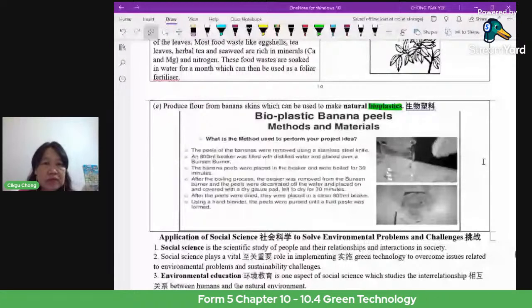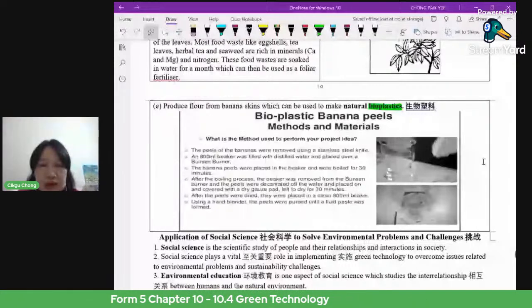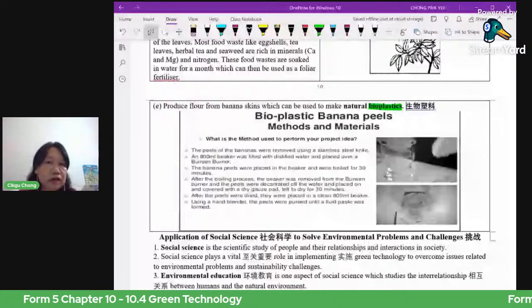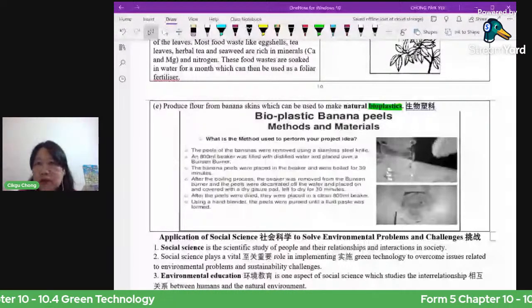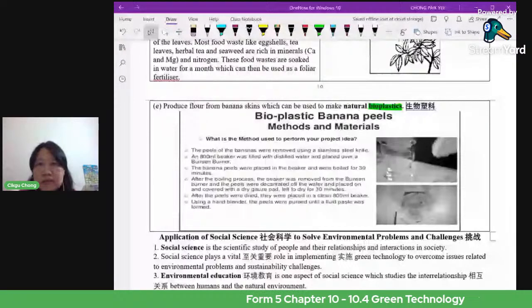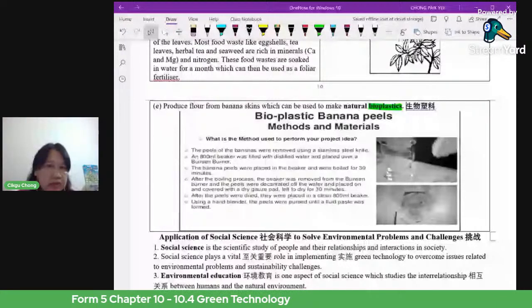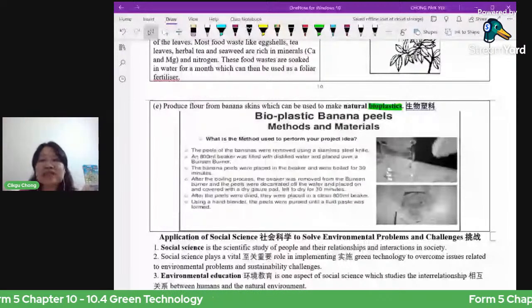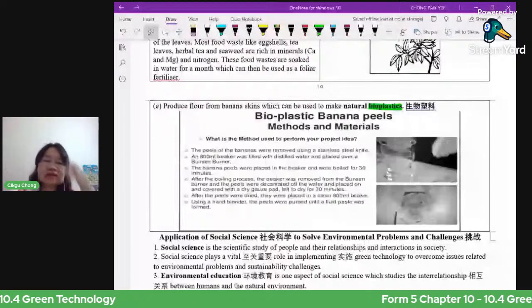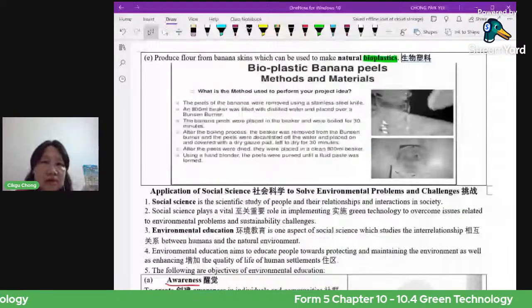Okay, so the process, again, you can look it up yourself. You boil your banana, you blend it and so on, you put certain things into it, then you spread it out and it becomes plastic. Okay, bioplastic means it's natural plastic, because it comes from bananas. It's an organic substance.